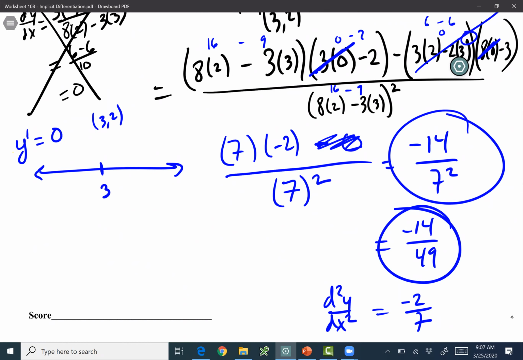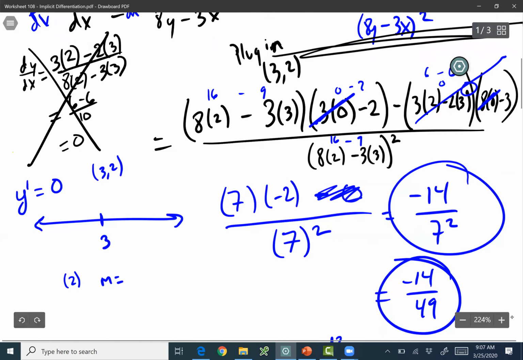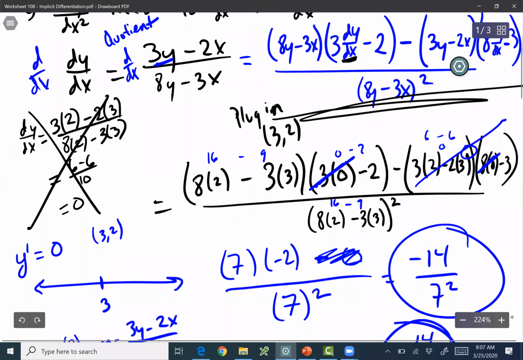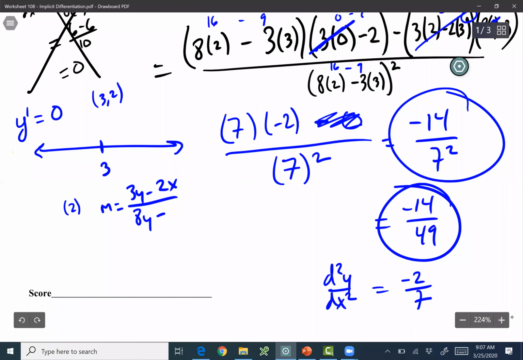The issue here is that if I plug in 2, well, the derivative was 3y minus 2x all over 8y minus 3x. And if I want to be able to plug in like a smaller value, like say 2, I need to know what is that guy's y value.